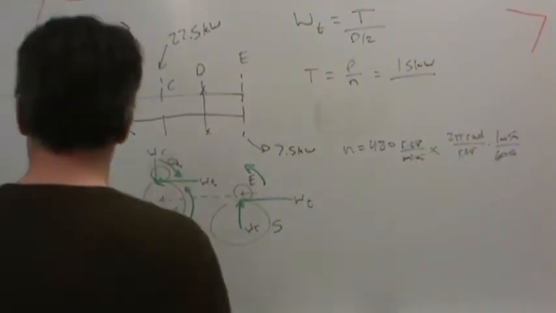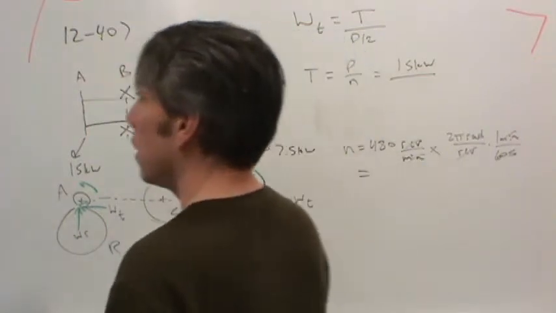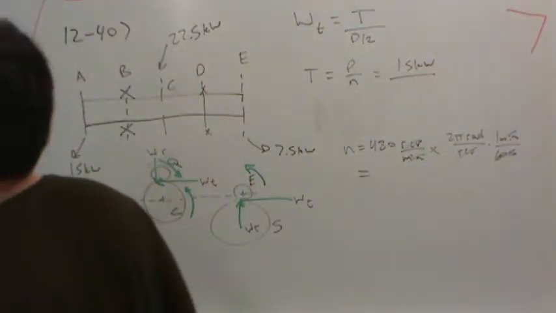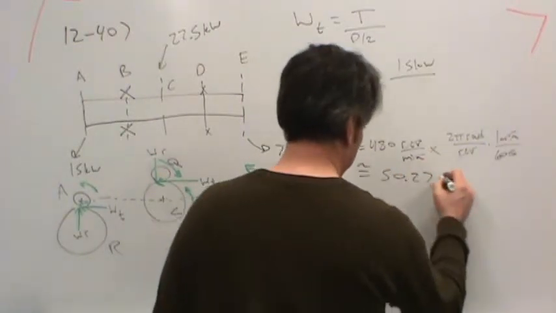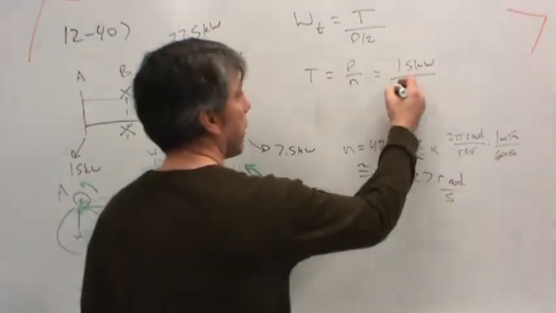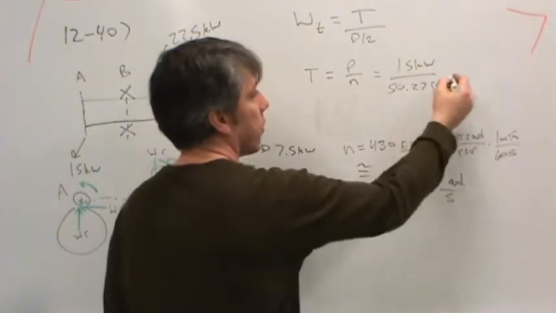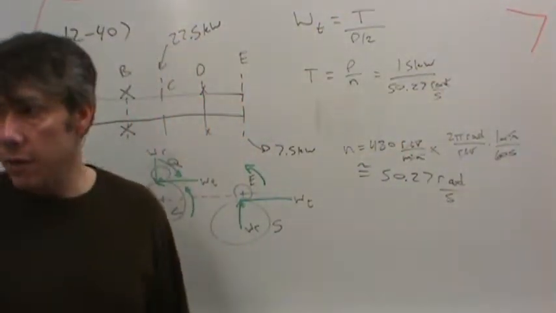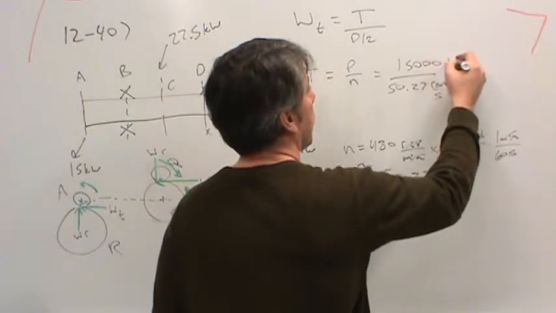Okay, so there's a question about the units that we'll get here. We've got a number for our speed. The speed came out to 50.27 or so radians per second. And so now we have to plug in 50.27 radians per second here. Now the radians go away for free. 15 kilowatts is just 15,000 watts.